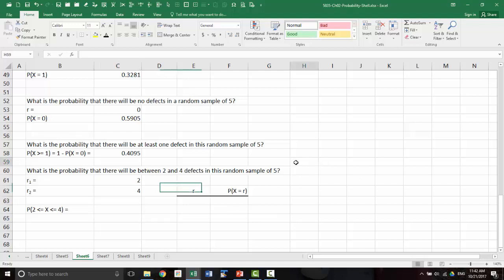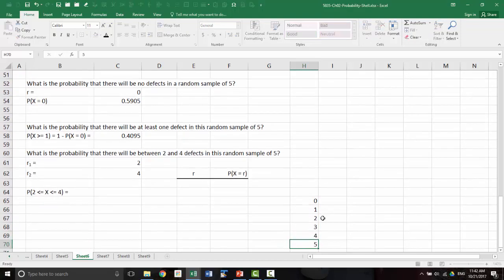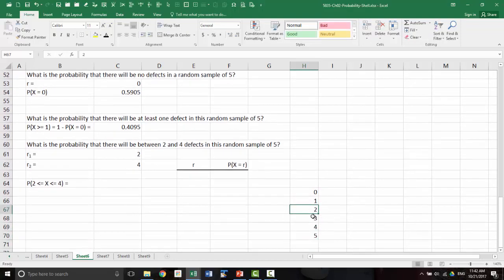So we have 0, 1, 2, 3, 4, and 5, and we want that probability. Of course, we can compute the three probabilities, the probability of x equal to 2, x equal to 3, x equal to 4, and add them up. Or we can do this.